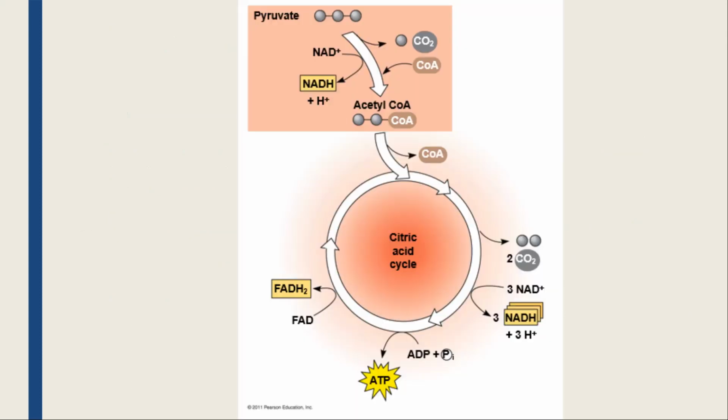And so at the top here, you can see the oxidation of the pyruvate and the conversion of pyruvate into acetyl-CoA. So that's what happens as soon as it goes into the mitochondria. Again, carbon dioxide is given off, the NADH is made. Then the acetyl-CoA goes into the citric acid cycle, goes through a series of steps.